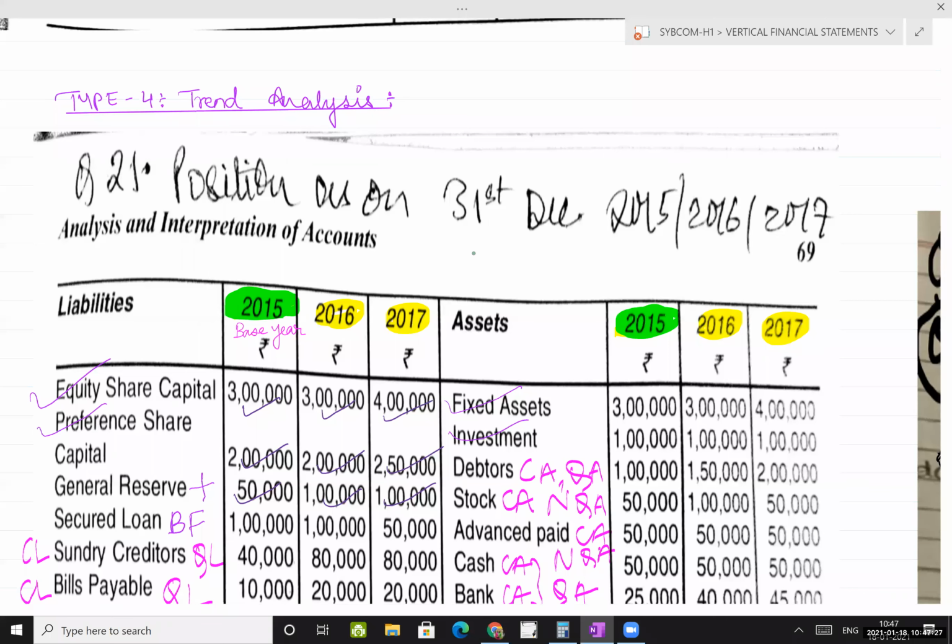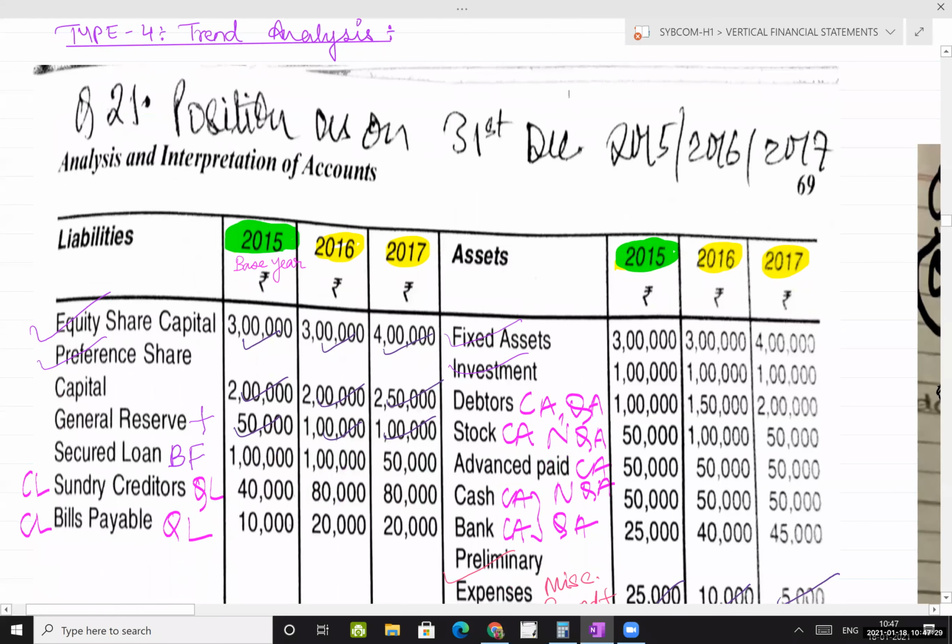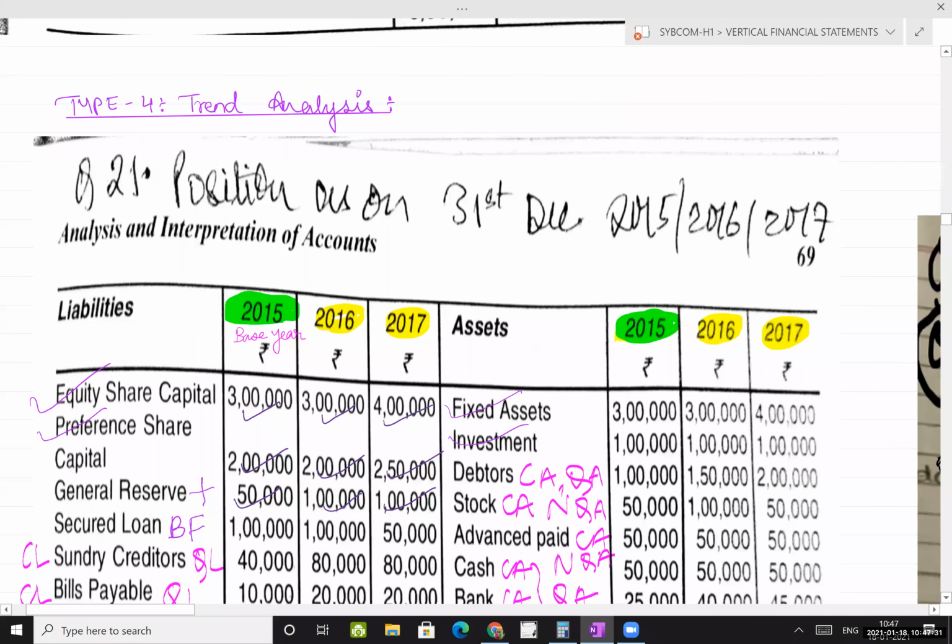Okay. So if you look into this example, this sum, question number 21: position as on 31st December 2015, 16 and 17. In the sum you can see 2015, I've highlighted in green, it's my base year. I will always highlight the base year with green, so you'll understand.